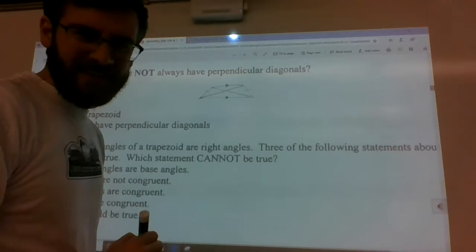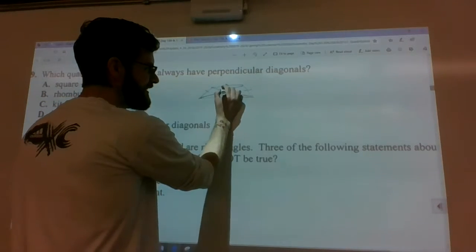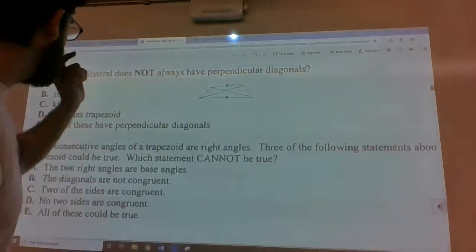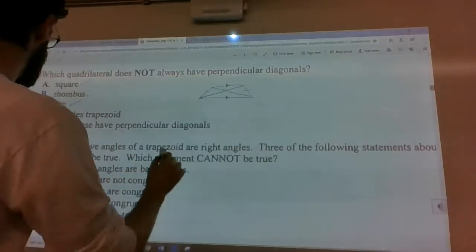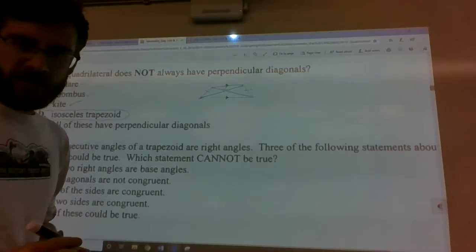What do you guys think? Does this look like a 90-degree angle to you? It is not. So that is the one that does not have perpendicular diagonals. Letter D.